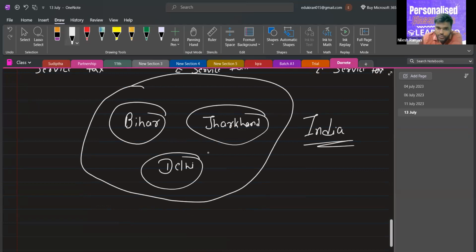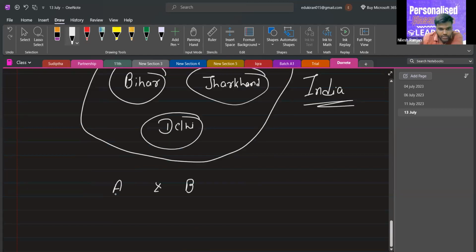So let's say there are 2 persons, A and B. A is purchasing goods from B, and both of them are residing in a single state, let's say Delhi. So A is a resident of Delhi and B is also a resident of Delhi.